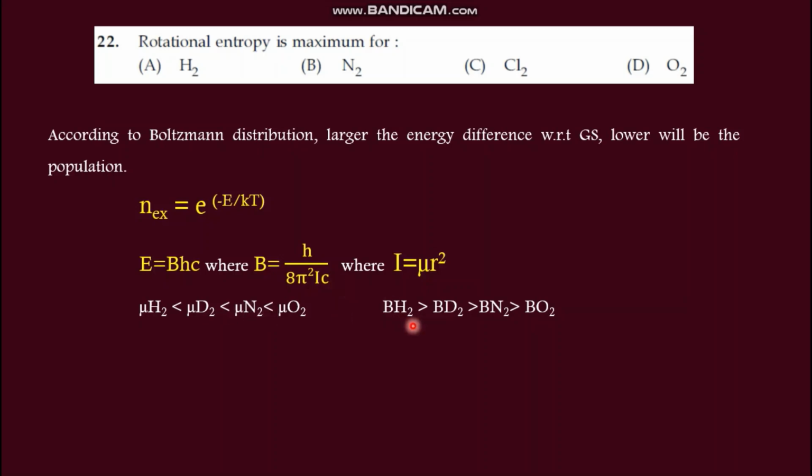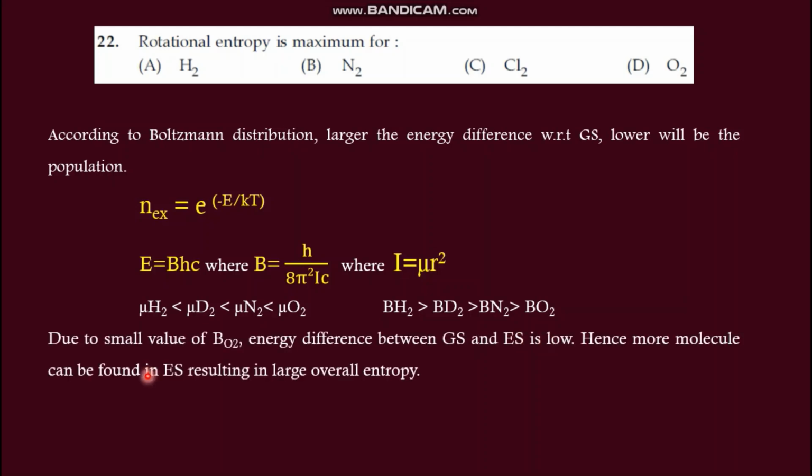So the rotational constant is maximum for hydrogen and minimum for oxygen. Due to the small value of the rotational constant of oxygen, the energy difference between ground state and excited state will be low. So more molecules will be found in the excited state.